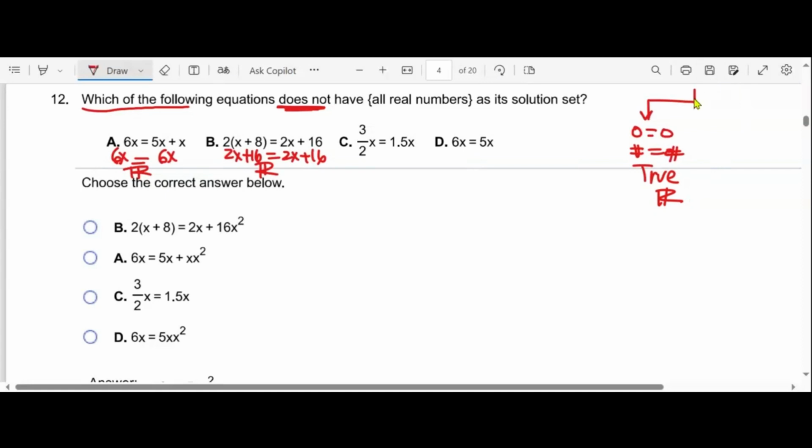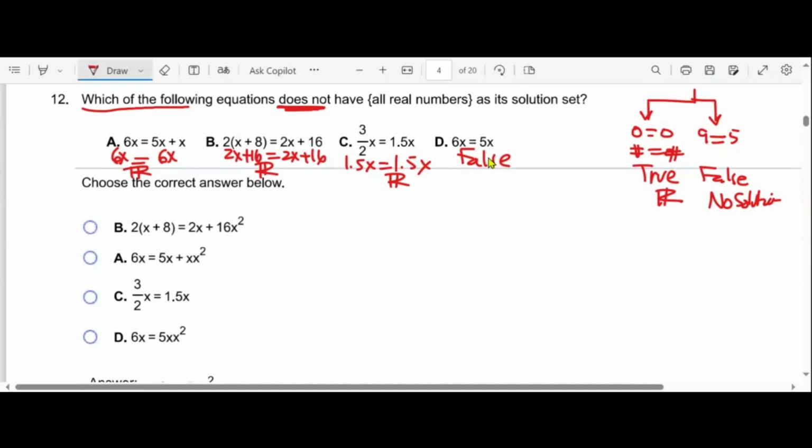So in this case, all real numbers, right? If you have something like 9 equal 5, is this true? No. False, right? So in this case, we say no solution. Do you remember that? Okay. So what about this one? 3 over 2 is going to give you 1.5x equal 1.5x. So the answer is all real numbers. What about this one? Is this true? No. False, right?